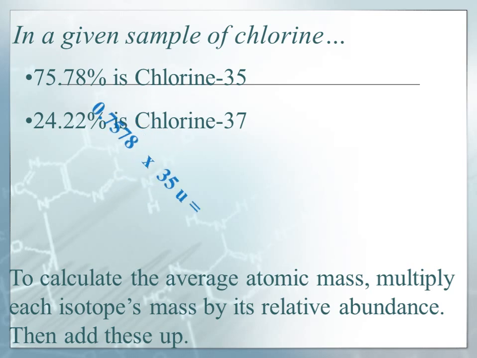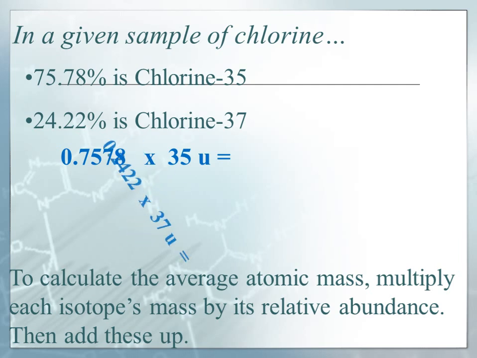Back to the problem at hand, if we take the mass number of each element times its percent abundance, please note that you move the decimal point 2 places to the left when multiplying by a percentage, so 0.7578 times 35 AMU, and 0.2422 times 37 AMU.